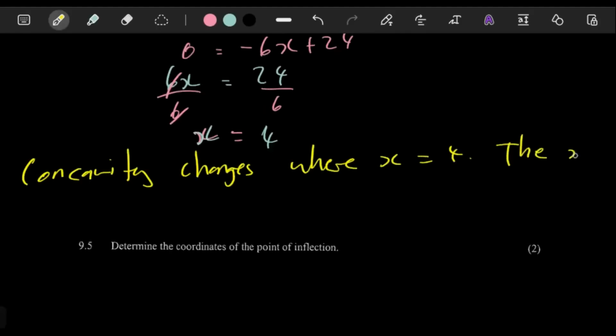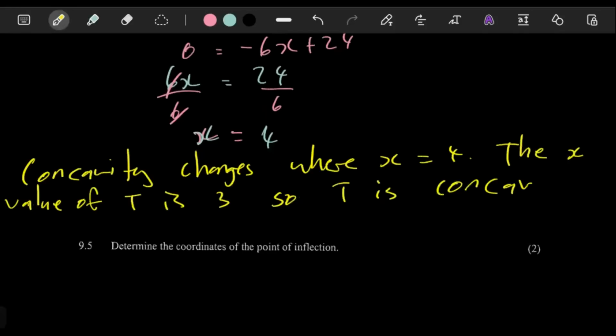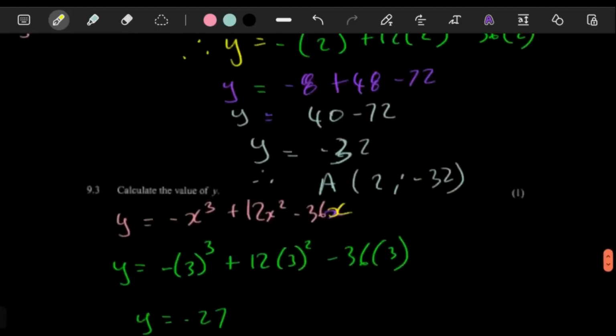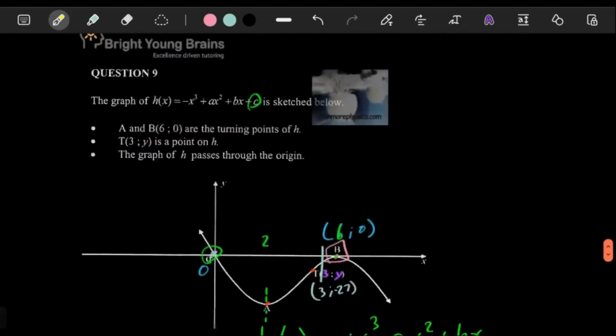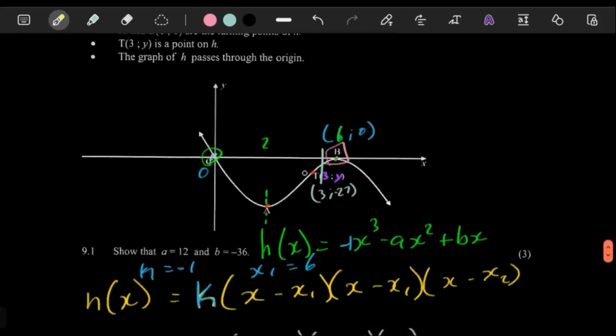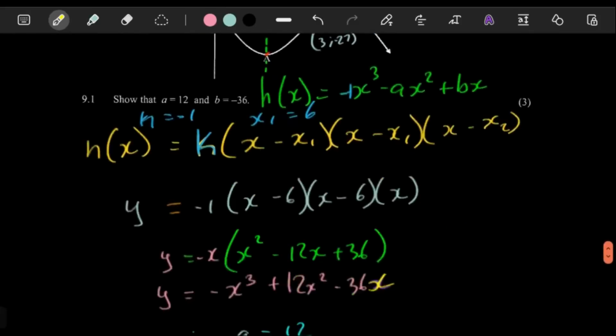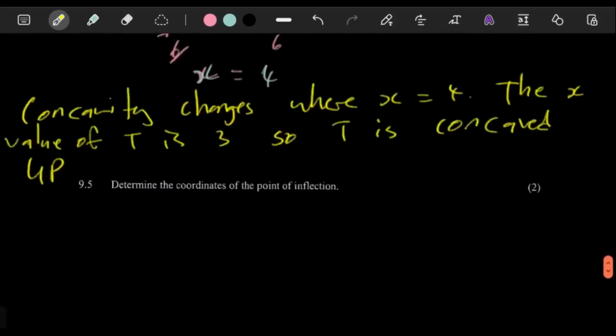The x value of t is 3, so t is concave up because the x value is before the 4. Because before the 4, the graph is still doing its smiling thing. This is not to scale, but it is what it is. So here we say it is concave up.